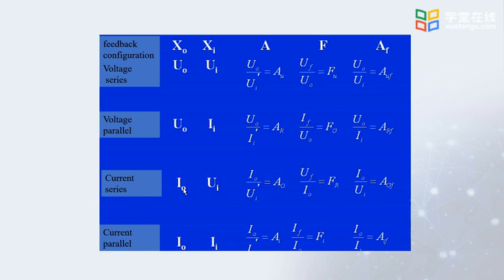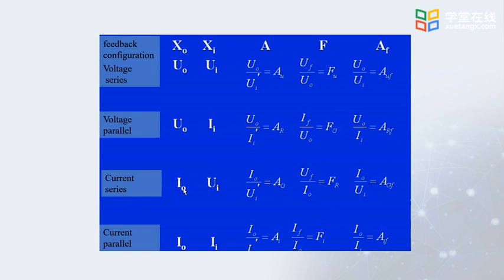The feedback type determines what the output signal is and what the input signal is. For example, voltage feedback, the output signal must be voltage. Current feedback, the output signal is current. Series feedback, the input signal is voltage. Parallel feedback, the input signal is current. So because of the type of feedback, we know what the input and output signals are.